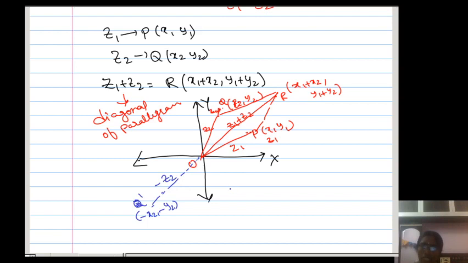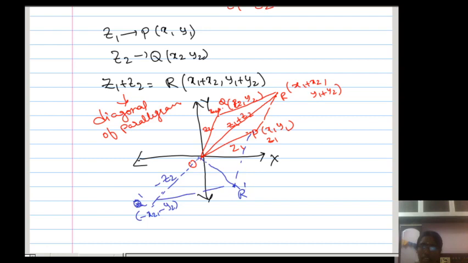Next, here the difference: what is the difference, R dash? What is R dash here? It is z1 plus, if you draw this, the diagonal of the parallelogram formed by these points.